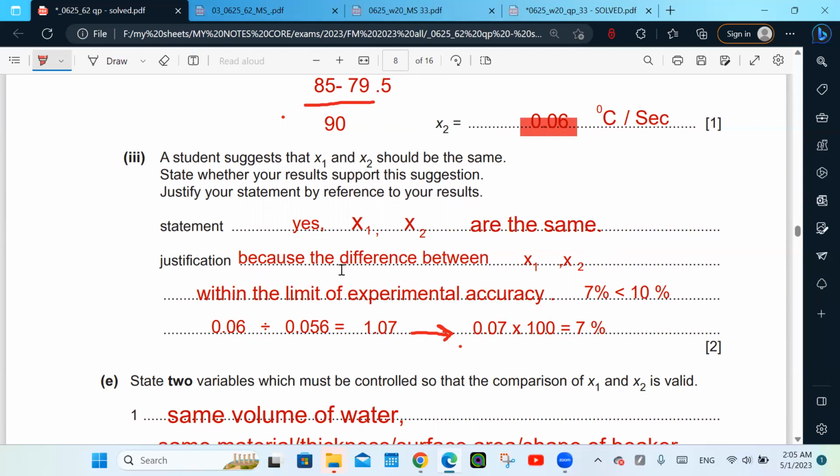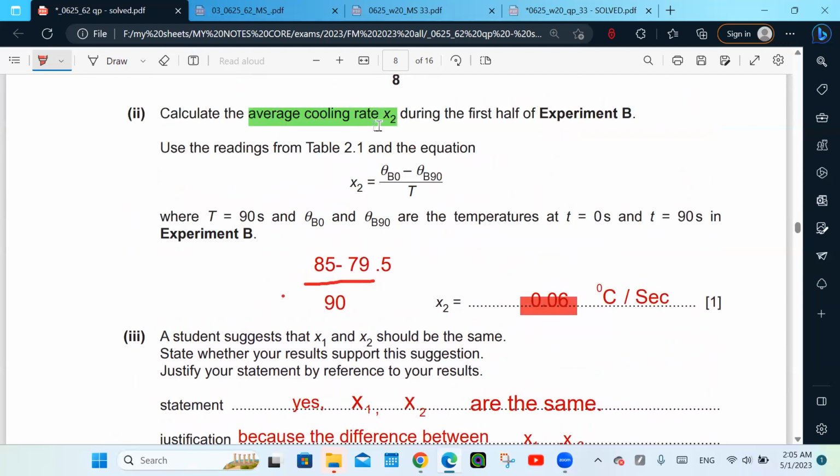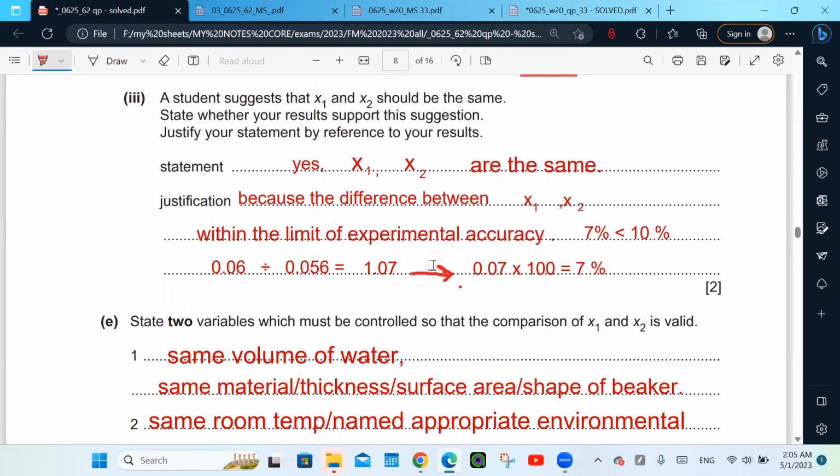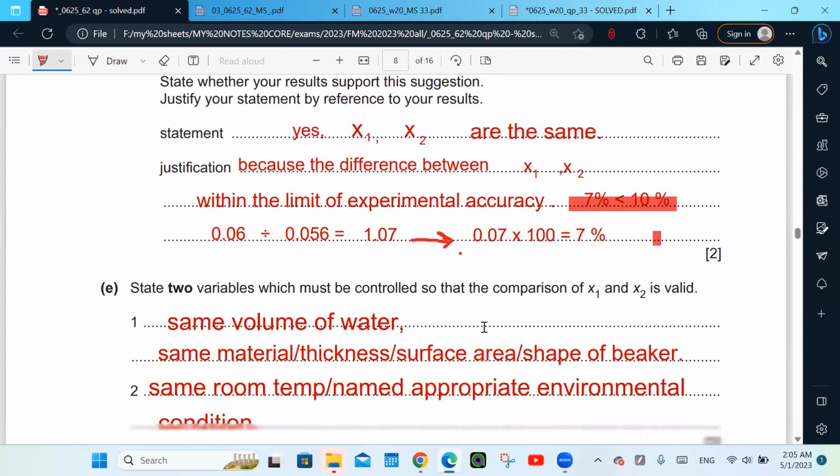I see that the two readings I calculated for the average cooling rate in experiment A and experiment B are approximately the same, the difference between them is small. So the answer is correct because the answers are very close to each other, and the difference between them is approximately 7%, and 7% is smaller than 10%, which is within the limit of experimental accuracy.